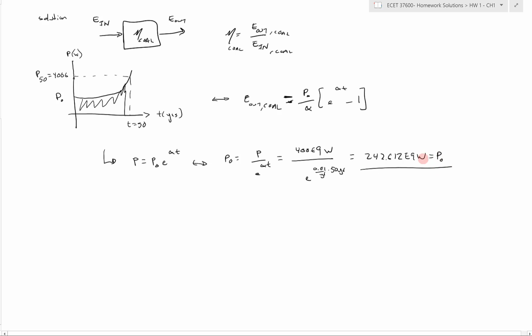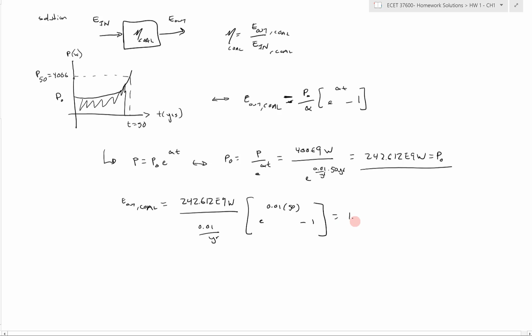So now I can take this number and plug it in to that formula. So E out of the coal plant over that 50-year period is going to be 242.612 e to the 9th watts divided by 0.01 per year. And then I'm going to multiply that by e to the 0.01 times 50 minus 1. And we'll see that we get an answer of watt years here.